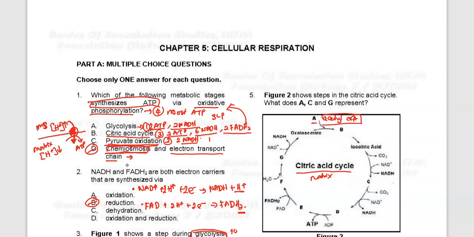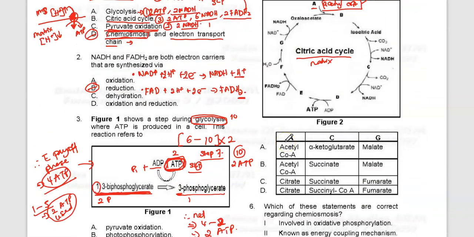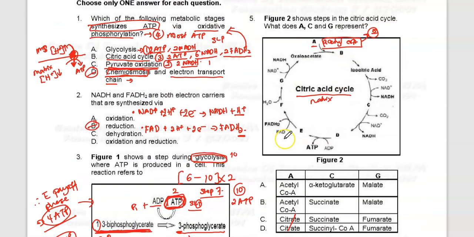This molecule was synthesized during the link reaction, which is the second stage of cellular respiration. So A is acetyl-CoA. So C and D will be incorrect, right? That leaves you with A and B.